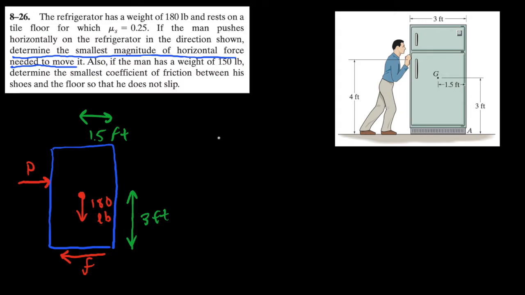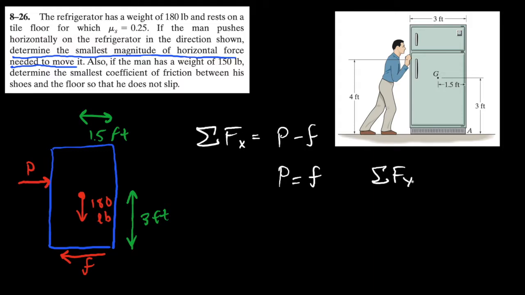Before we do that, let's quickly look at the summation of forces in the x direction. We have P minus small f equals 0. Therefore, P equals the force due to friction. Now, let's look at the summation of forces in the y direction. We have negative 180 plus the normal force, which I did not draw.